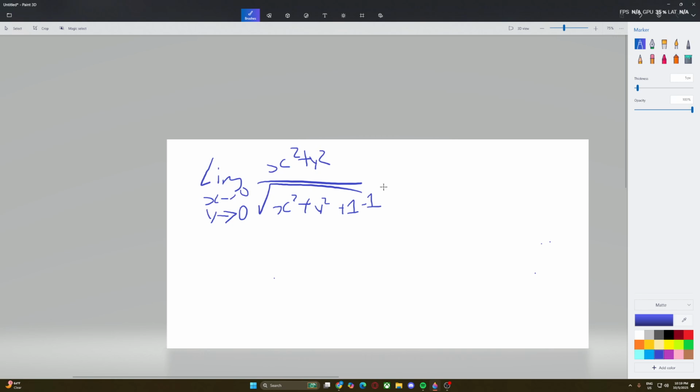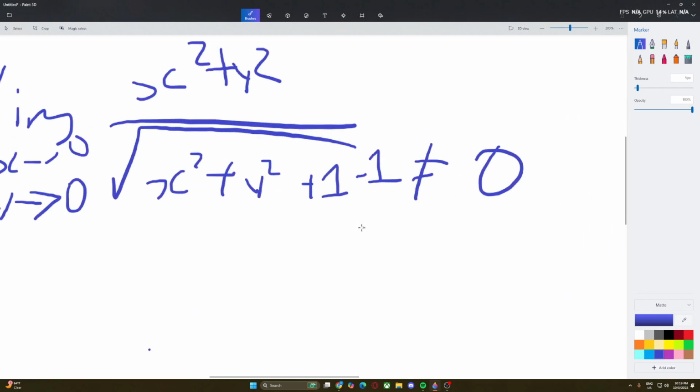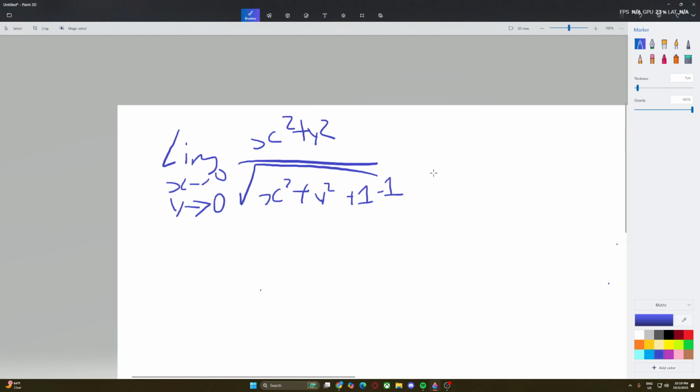Well, first of all, this is a rational function. If you plug in 0 for x and y, you get 0 over 0. Just because this happens doesn't mean we can't solve the limit. Like we said, it's continuous as long as the denominator is not 0, but it is 0 now. But it's just a matter of how you see the equation.